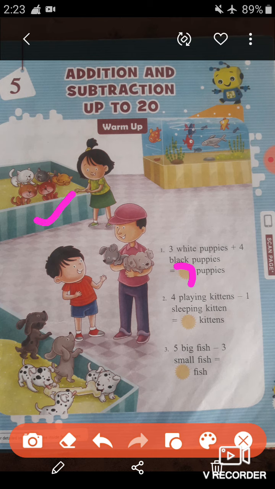There are total 5 kittens. So here 4 kittens are playing and 1 kitten is sleeping. So students, when we subtract 1 from 4, we get 3. So here you have to fill in 3.